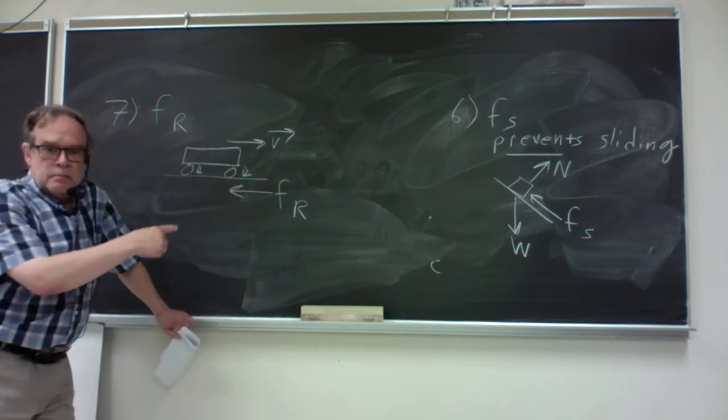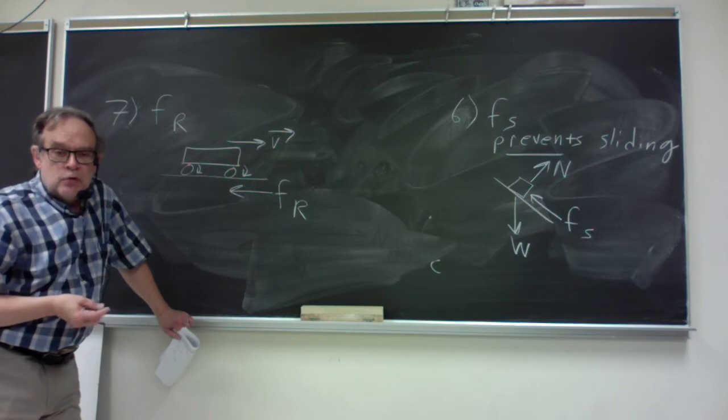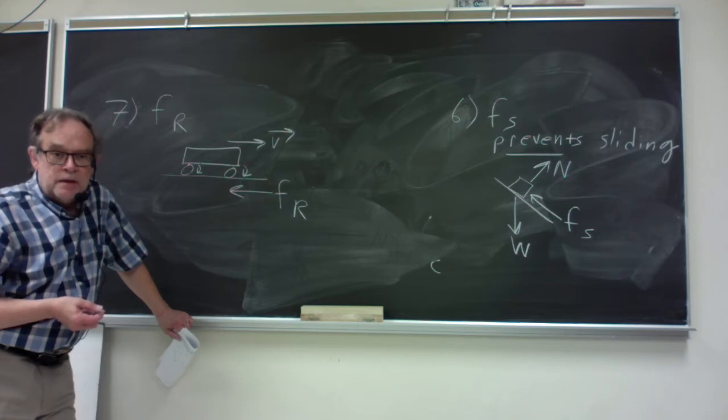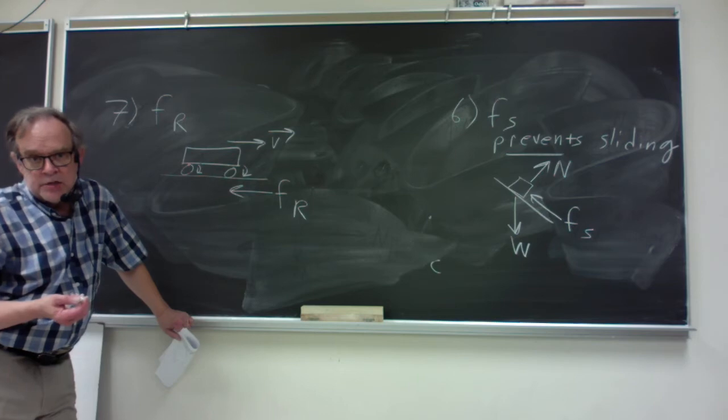It's that leftward push from the rolling friction force from the track on the wheels that will make the wheels roll, that'll make the wheels spin clockwise.